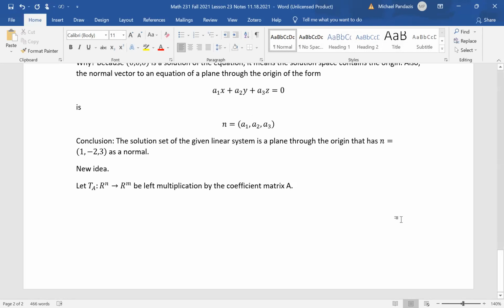T sub A is left multiplication by the coefficient matrix A, a map from Rn to Rm.